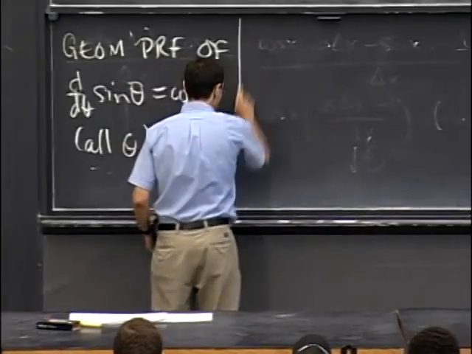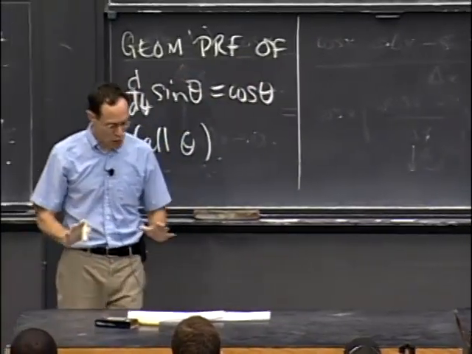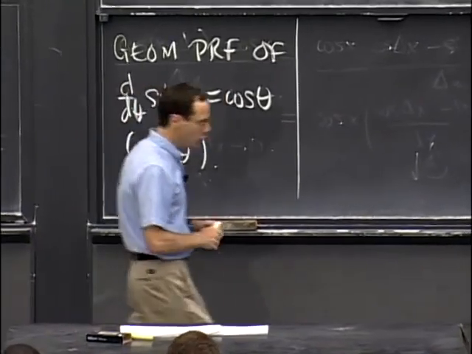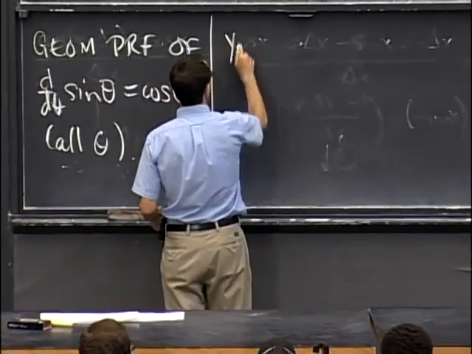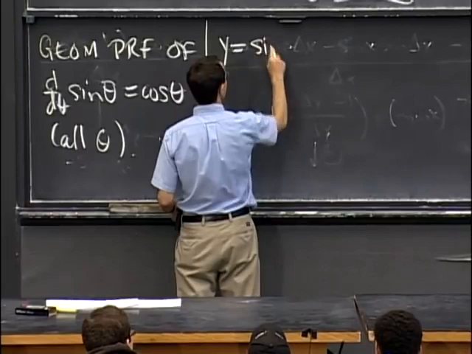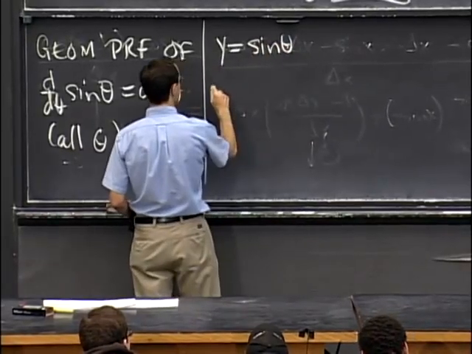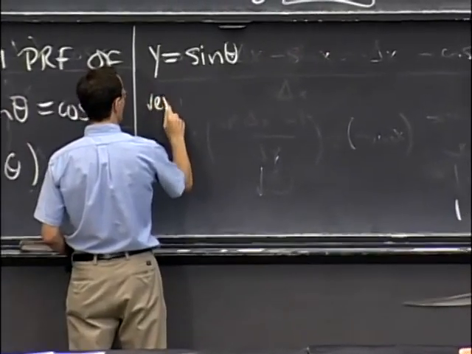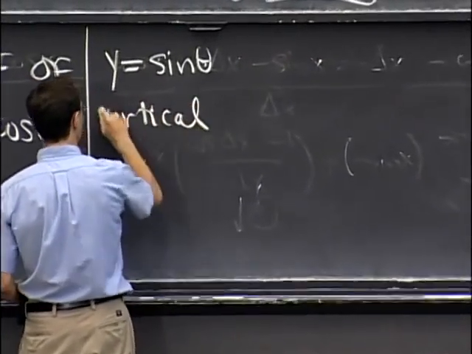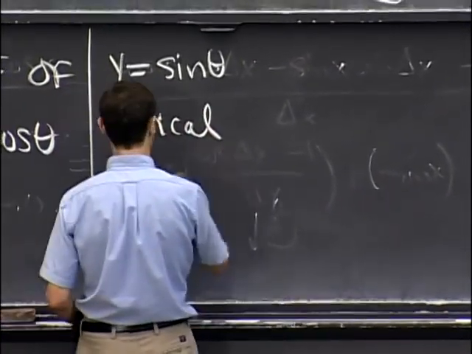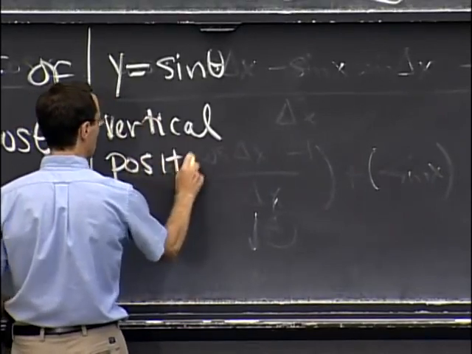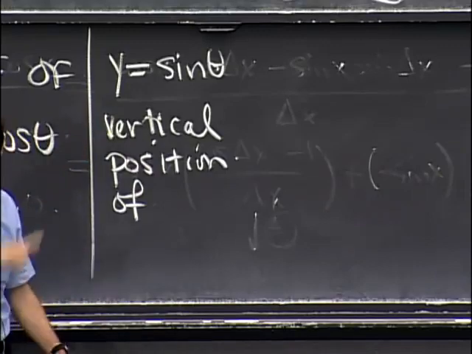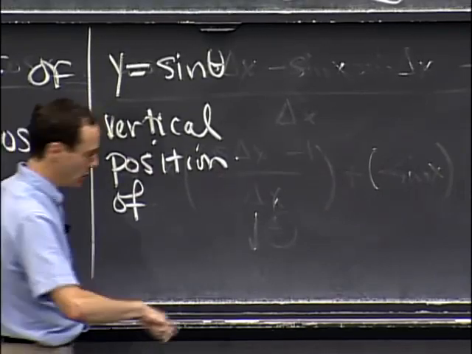So I want to do this by drawing another picture. The picture is going to describe y, which is sine theta, which is, if you like, the vertical position of some circular motion.